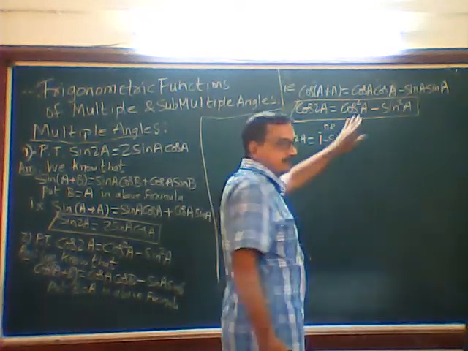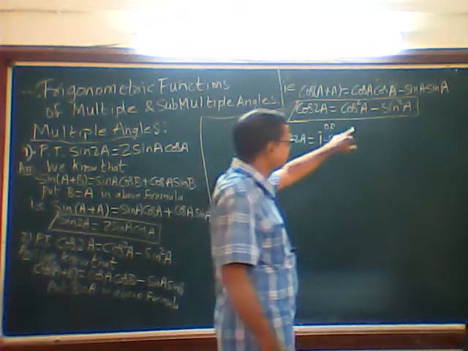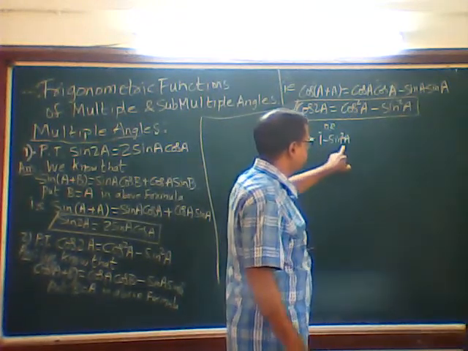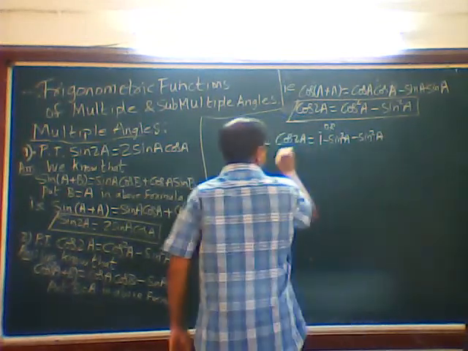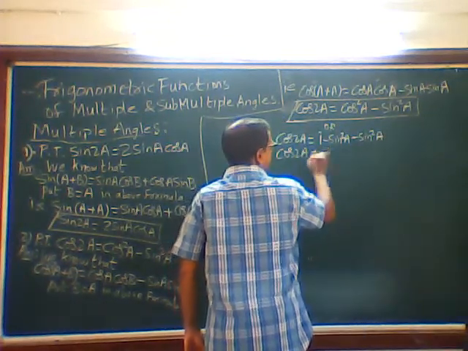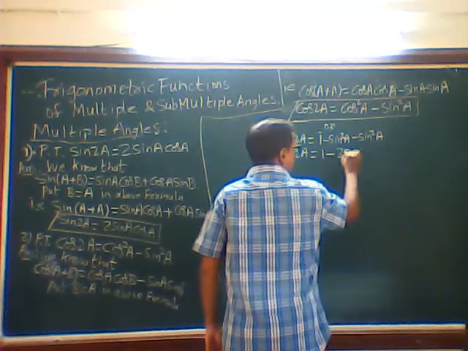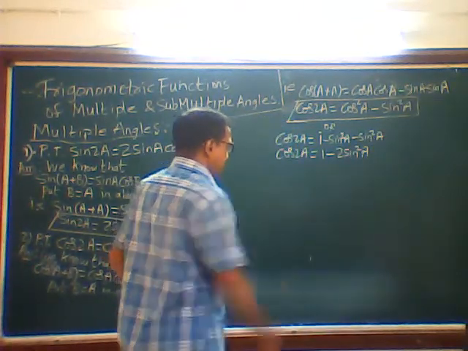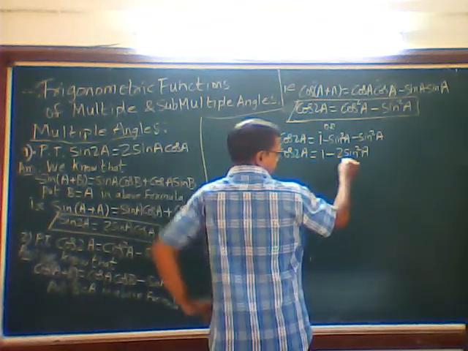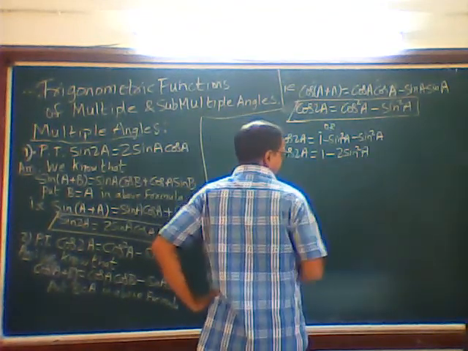We have learned the identities in the first chapter. Cos square a is 1 minus sin square a, minus sin square a. So what I get here? Cos 2a is equal to 1 minus 2 sin square a. Okay, this is one formula. Cos 2a is 1 minus 2 times sin square a.